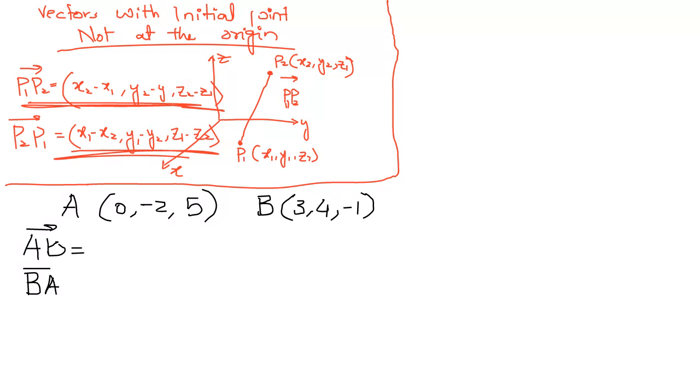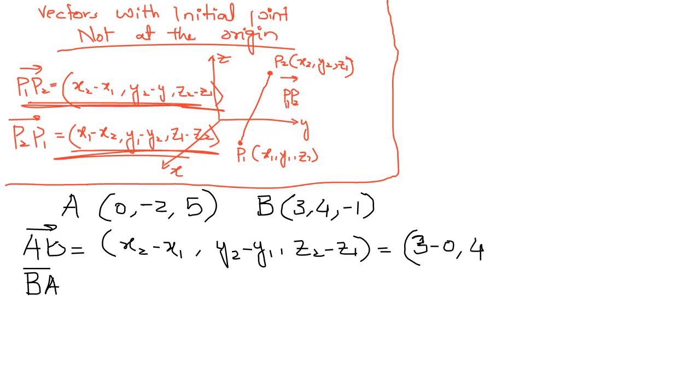For AB, you use this formula: x2 minus x1, y2 minus y1, z2 minus z1, which is equal to what? 3 minus 0, 4 minus -2, that will be 4 plus 2, and -1 minus 5, which is equal to 3, 6, and -6.